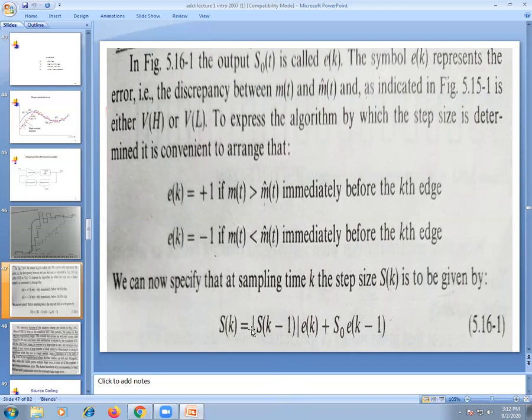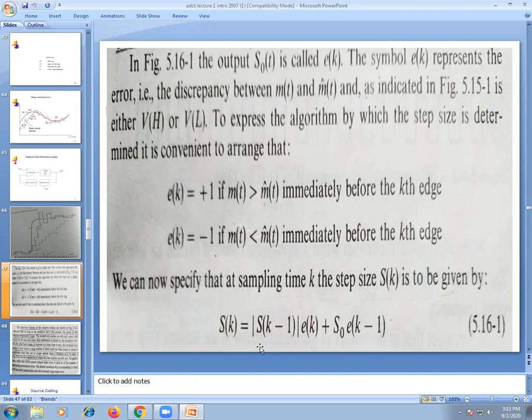S of k is equal to S of k minus 1 times the mod of E of k, plus S naught times E of k minus 1. Here A is a numerical value. Let's take it as 4. The fourth step is equal to the third step, because 4 minus 1 is 3, multiplied with the present error E of k, plus S naught at that output times the previous error E of k minus 1.